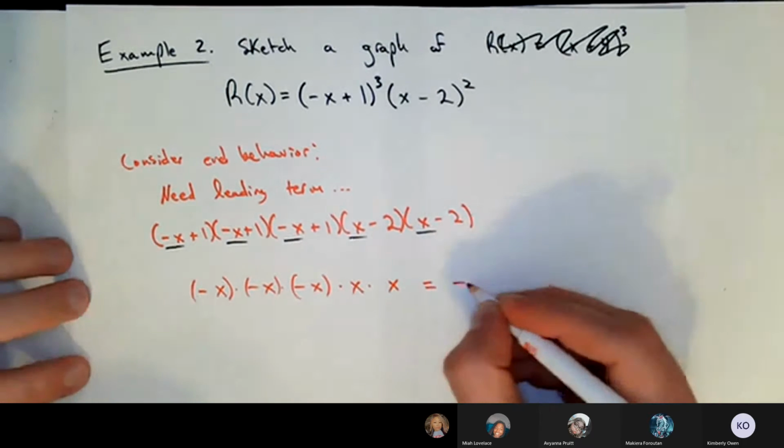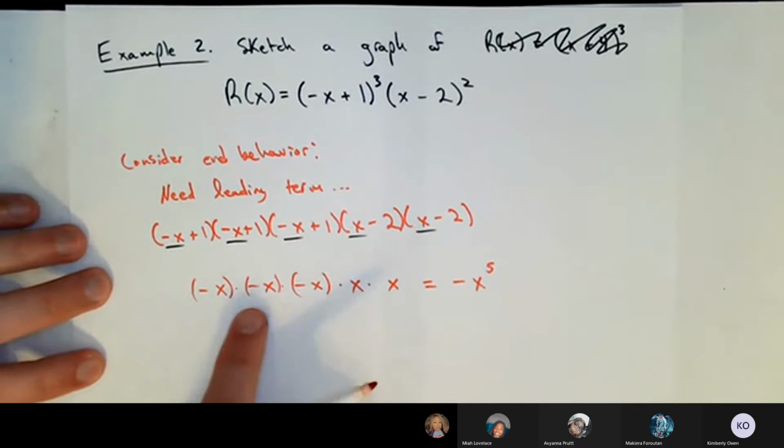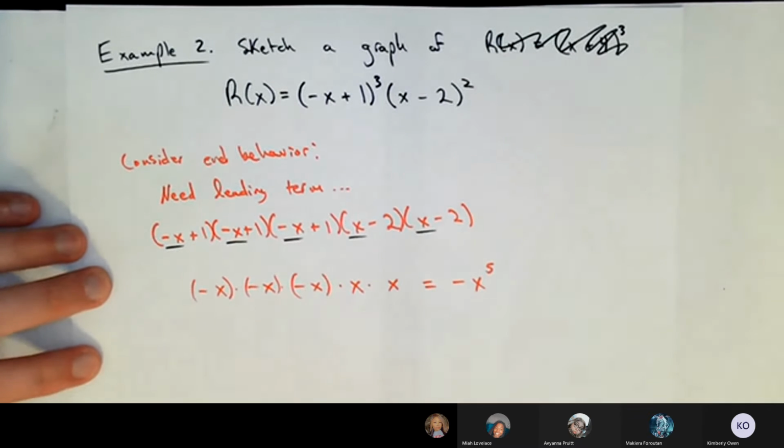I'm getting negative x to the 5th, since there are 5 of them, and negative, negative, negative makes a negative. So that's my leading term.